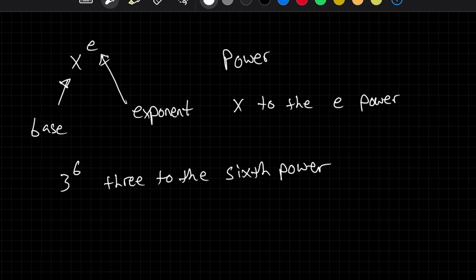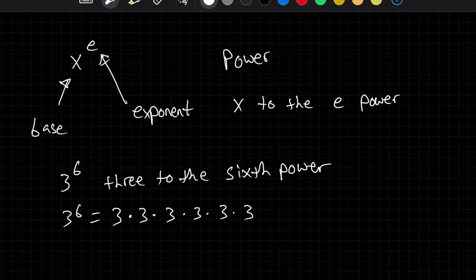Well, this is basically 3 times 3 times 3 times 3 times 3 times 3. So this number, 3, the base, is the number that's multiplied. And the exponent is the number of times that it is multiplied. So we have 1, 2, 3, 4, 5, 6 times here. Okay?